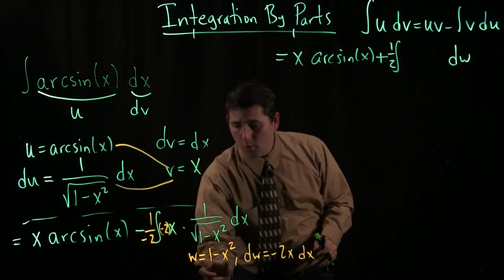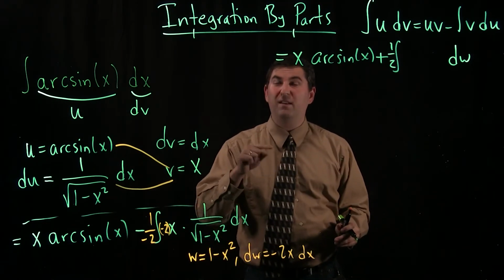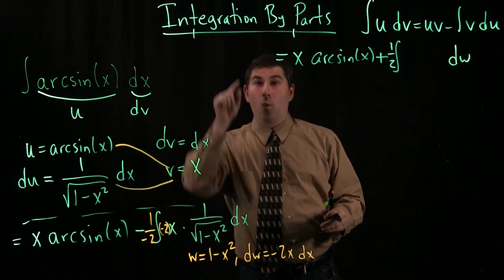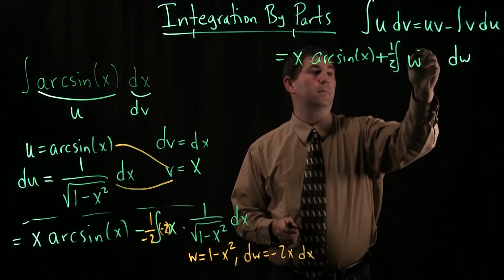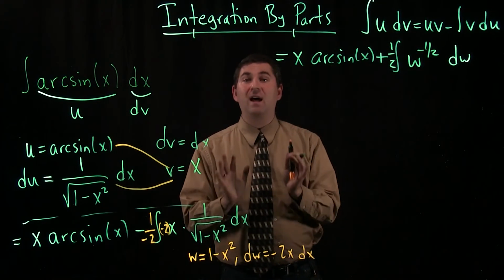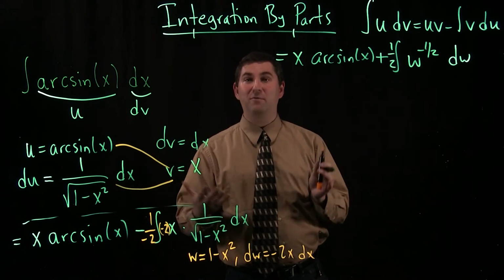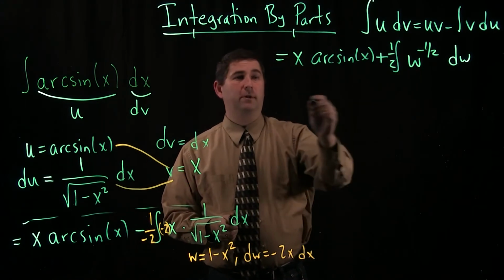And then I have 1 over the square root of w. Square root of w, that's w to the 1/2. 1 over the square root of w, that's w to the negative 1/2. You could leave it in this form, but man, I do not like square root signs when I'm doing my calculus. So now I can just use the power rule here.